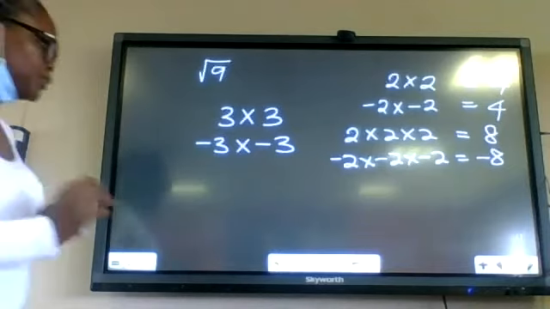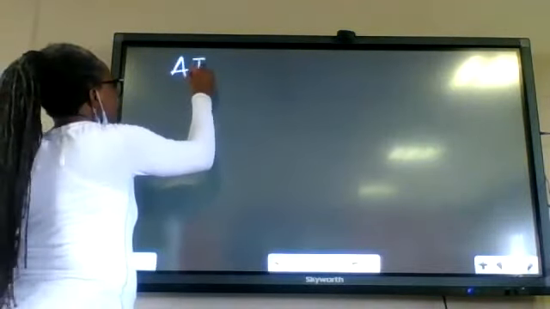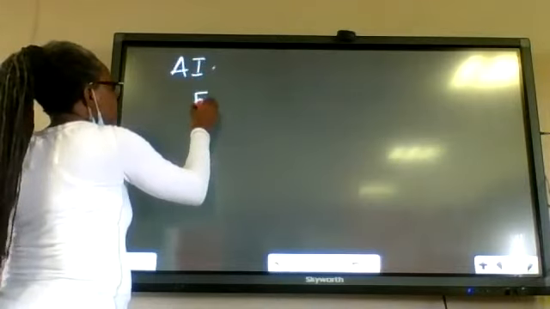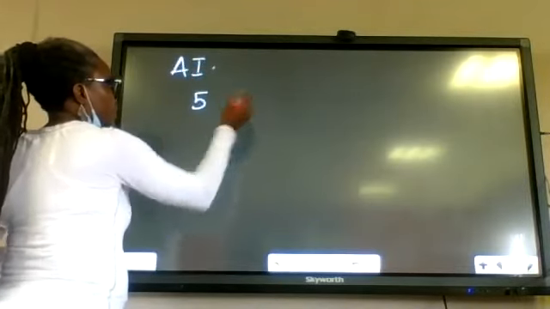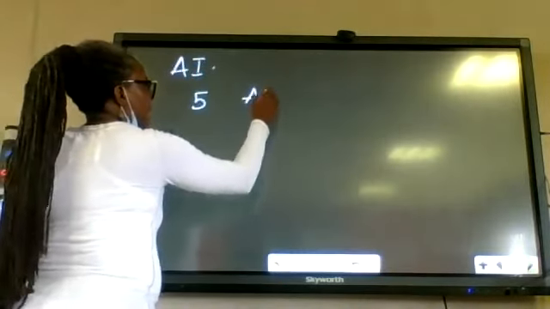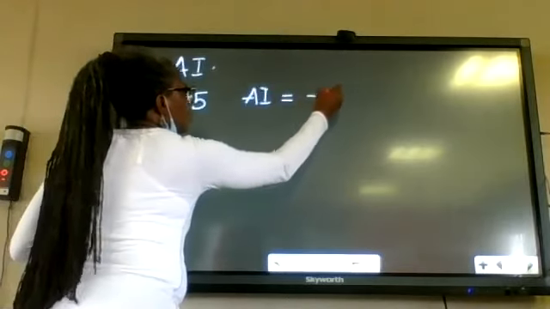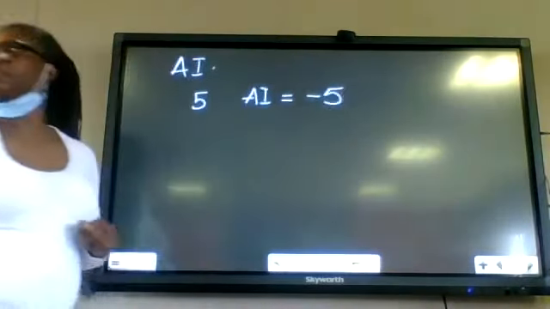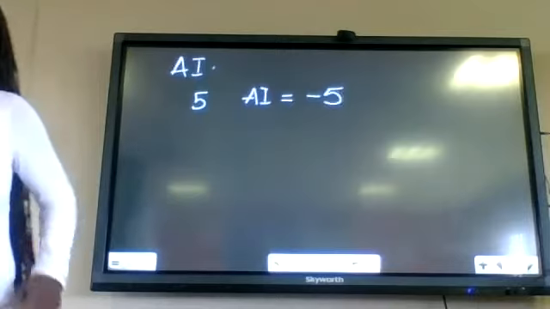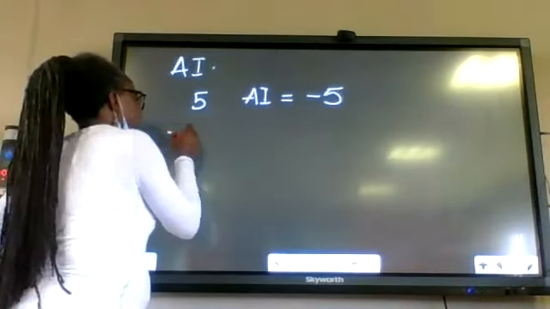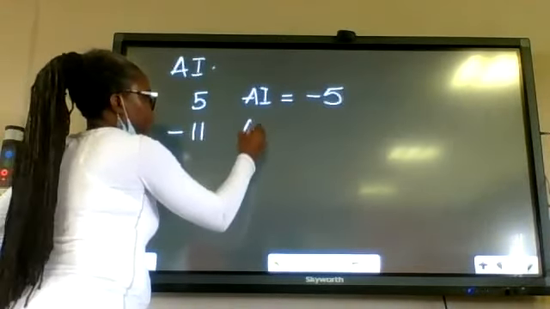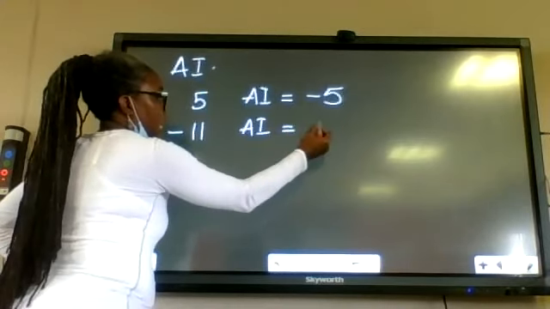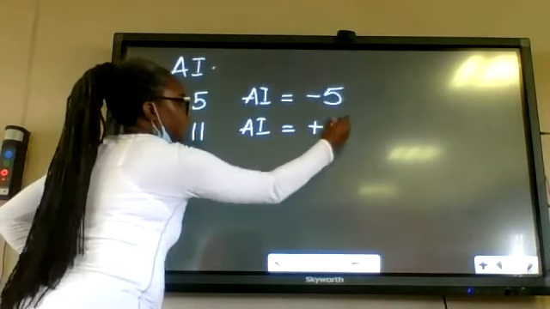So when I ask you, what is the additive inverse of 5? Negative 5. The AI is equal to negative 5. Next, when I ask you what is the additive inverse of negative 11, it will now be positive 11.